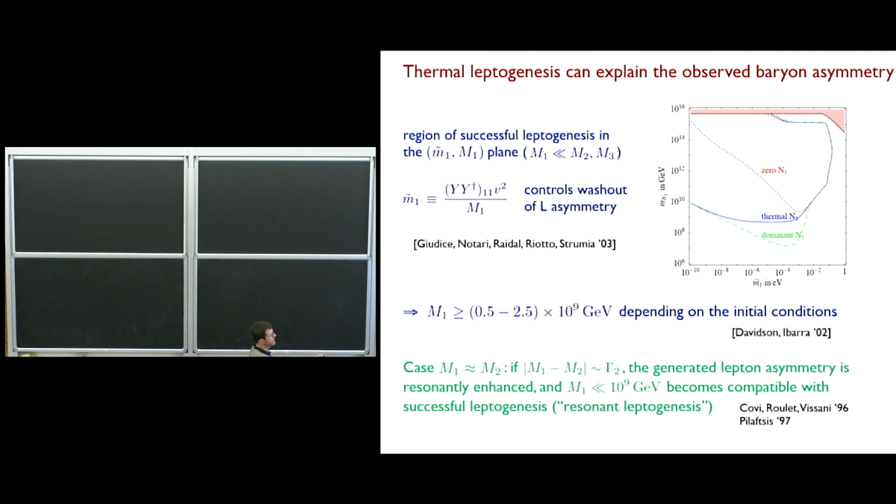Thermal means that you assume that your initial condition is that the sterile neutrino N1 is in thermal equilibrium. And finally, dominant means that you overproduce them by some process, like at the end of inflation in inflaton decay, you produce an abundance of sterile neutrinos that is above the equilibrium abundance. And then you get different limits.